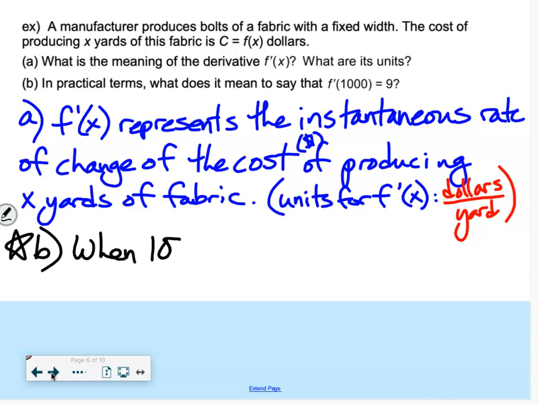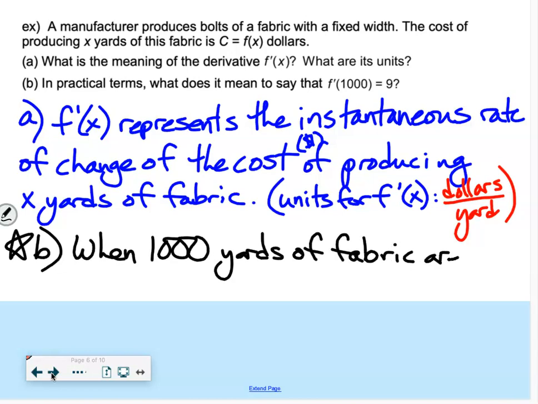When 1,000 yards of fabric are produced. So you start with the input. All right? Always start with the input and include the units for the input.